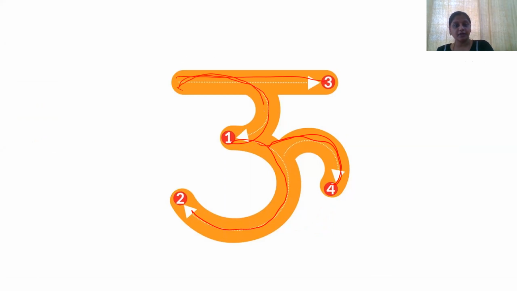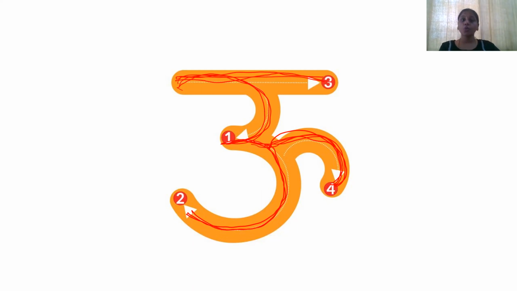Write number 3, a small hook from between, and a sleeping line above it. You have to have the difference in the pronunciation of the two. This is called buddy oo.